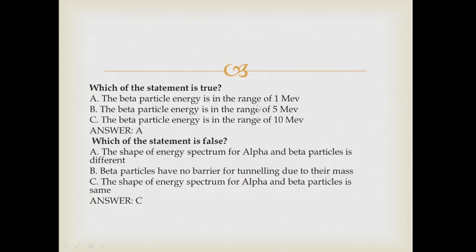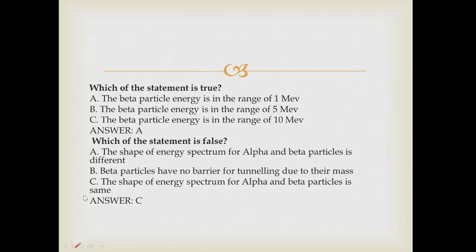The beta particles are in the range of 1 MeV. That's the correct answer. Which of the statements is false? The shape of the energy spectrum is different; the beta particles have no barrier for tunneling; the shape of the energy spectrum is the same. So the answer C is false.